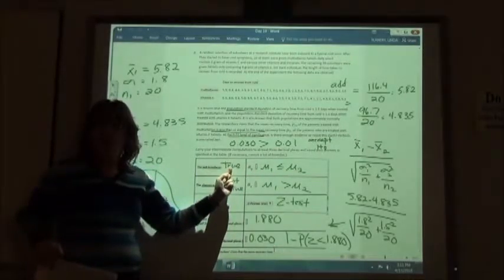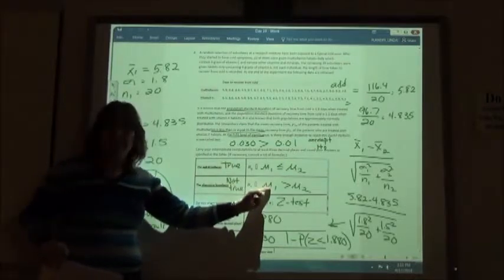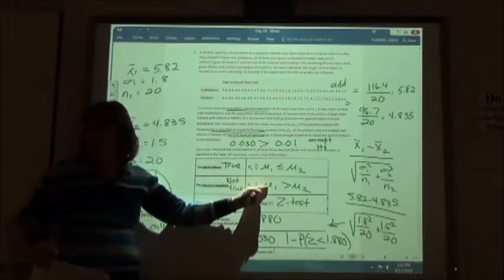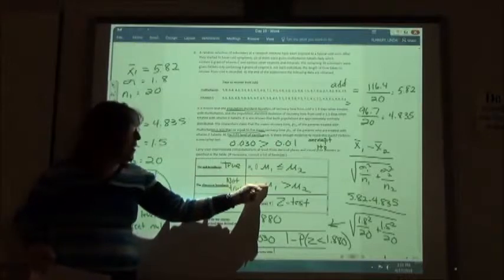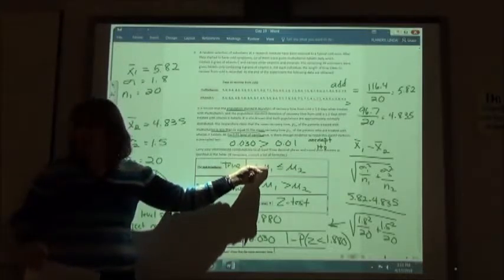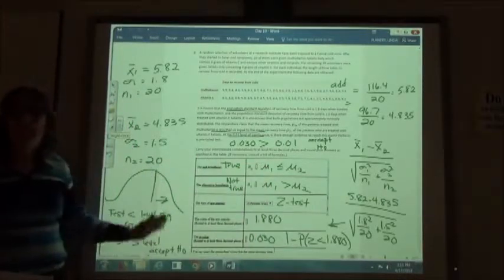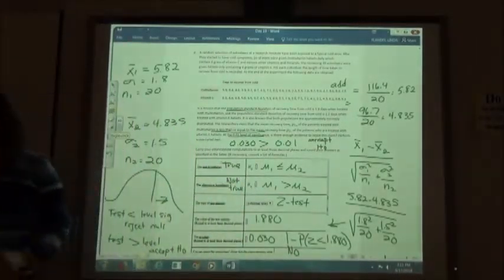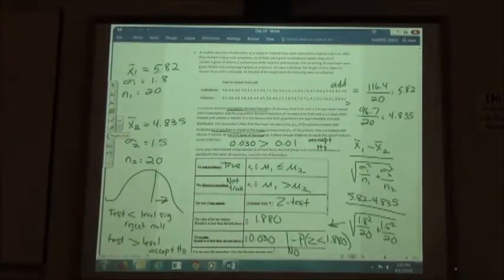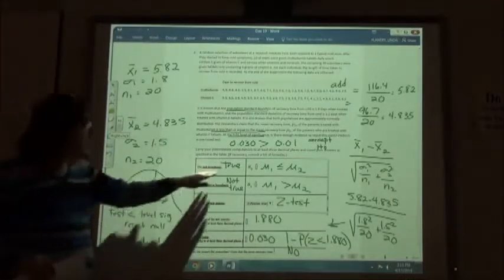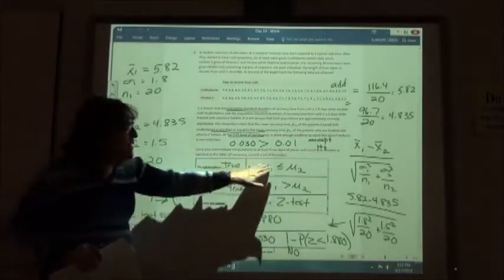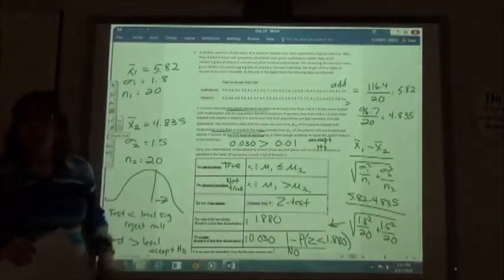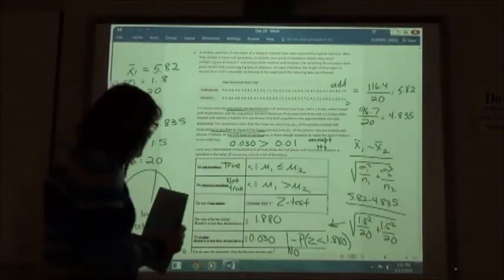No, that's the true statement, right? This one was the not true, so this is the one we're rejecting. We're rejecting that it's greater than. We're accepting that it is less than or equal to. So can we reject that claim? No, we cannot. So can we reject this one? Nope, we're accepting that that is true. The other one was the not true statement.